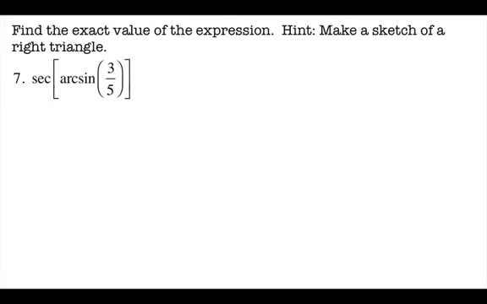It says find the exact values of the expression. Hint, make a sketch of a right triangle. So we're going to be working with this first. Remember, this is sine inverse, arcsine of 3/5. This represents an angle. So what I'm going to do is let this equal theta.